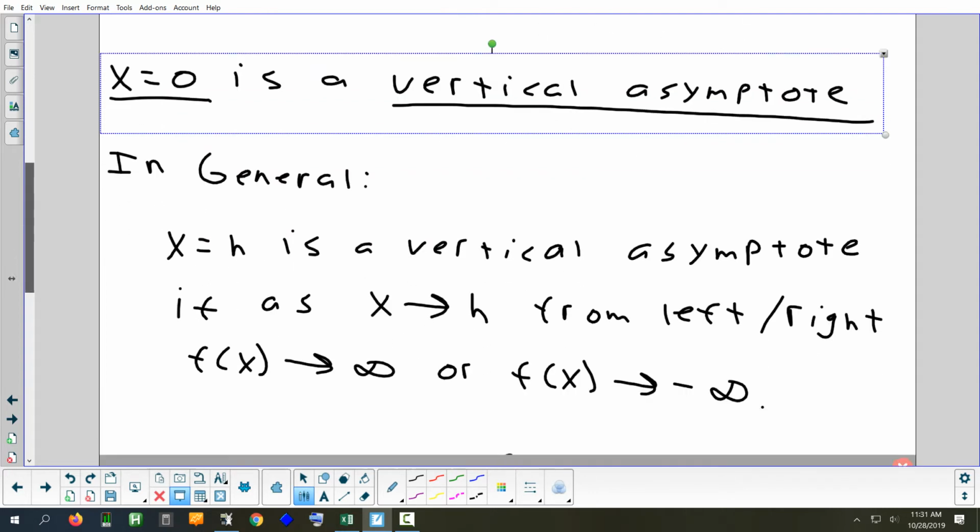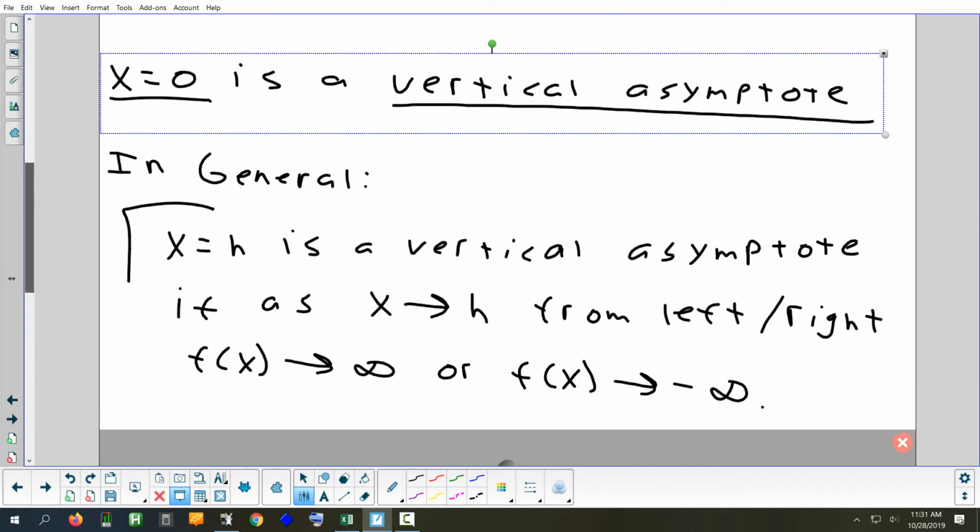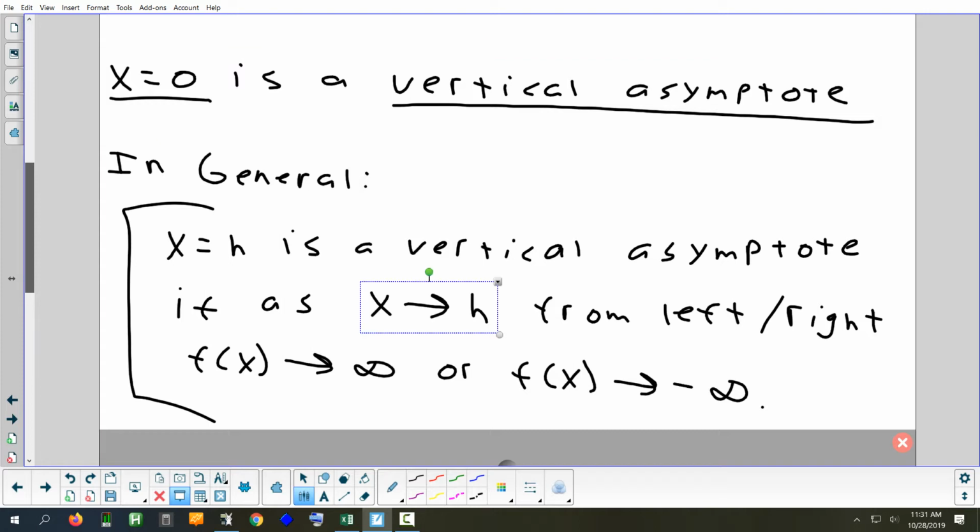So, visually, this is what it means to have a vertical asymptote. So x equals 0, or x equals 2, or x equals h, whatever number h is. That number, h, is a vertical asymptote if, as you approach that number, all of a sudden your graph either goes to infinity, or goes to negative infinity.